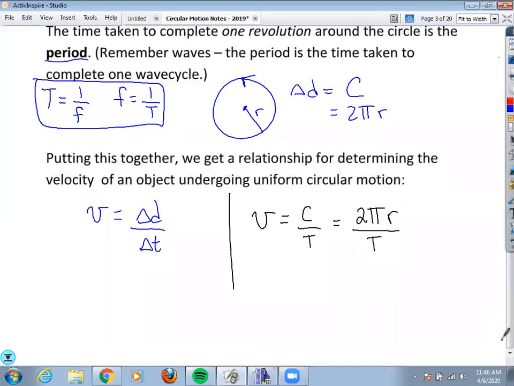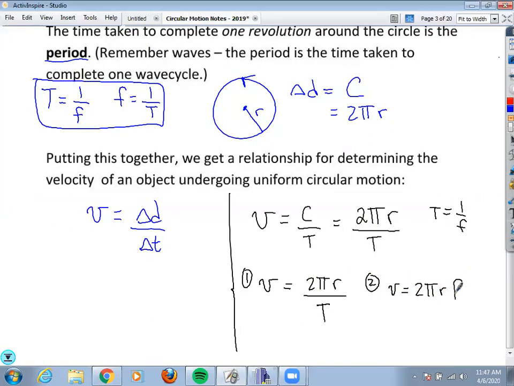Now, if period and frequency are reciprocals of each other, the first definition of the velocity in a circle is v equals 2 pi r divided by the period. And number two, the velocity would equal 2 pi r multiplied by the frequency of the motion in the circular path. So we have two definitions for velocity.